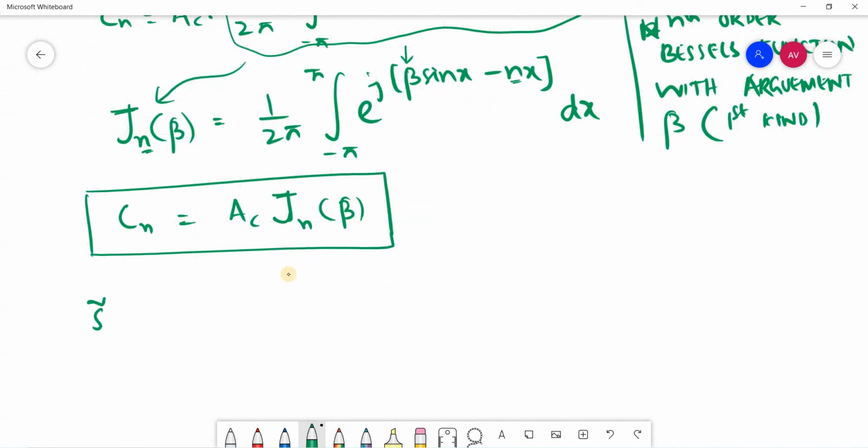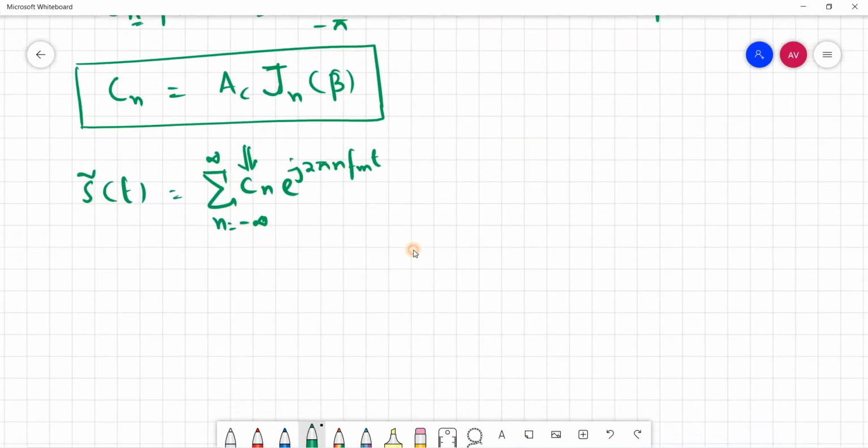So we know s tilde of t is equal to summation n from minus infinity to infinity cn e power j 2 pi n fm t. So if you substitute this value of cn here, we'll get s tilde of t.